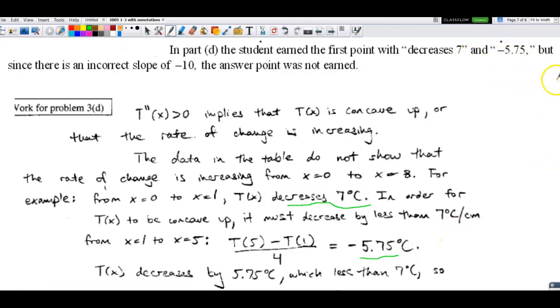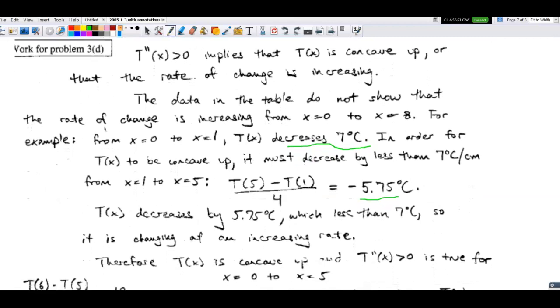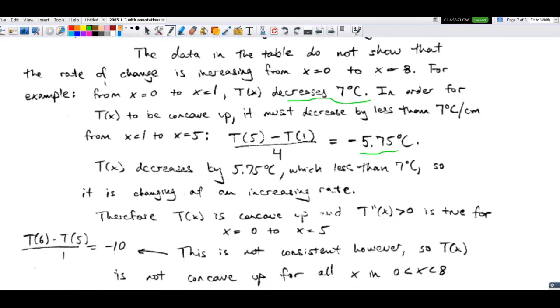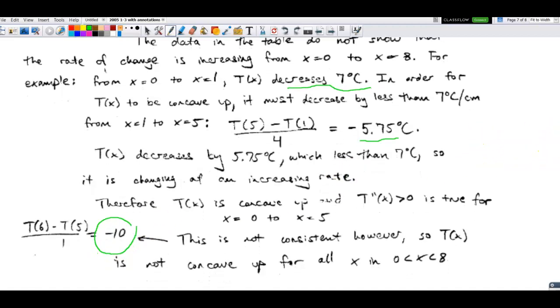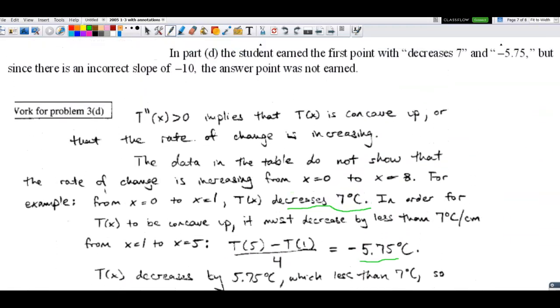And that's an increase, so that doesn't break the assertion. Then, unfortunately, when they go from 5 to 6, they do a miscalculation. And even though this is a decrease, there's a point off for the miscalculation. So even though they broke the assertion, they're going to lose 1 point. They're not going to get all 3. They're going to get the first point, but not the second point, I'm sorry.